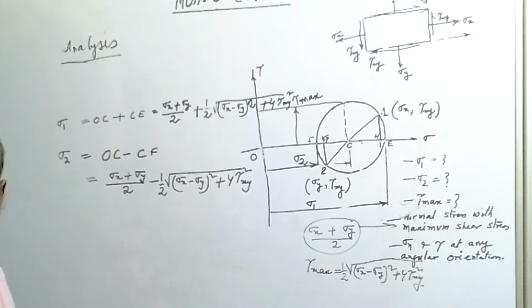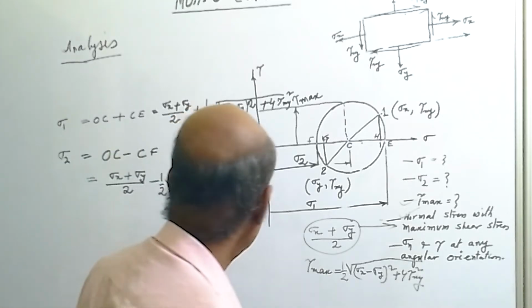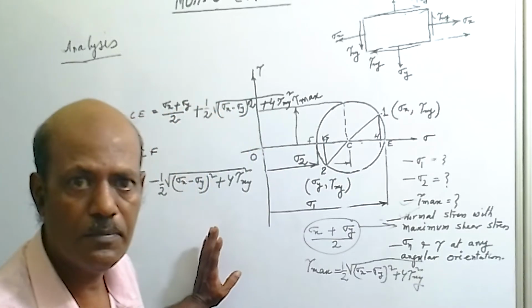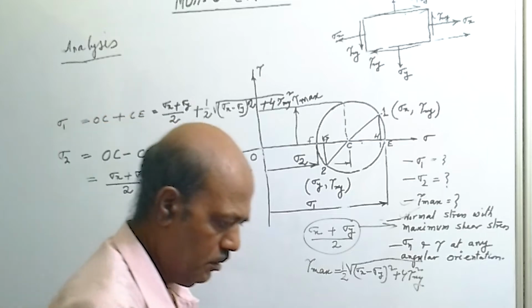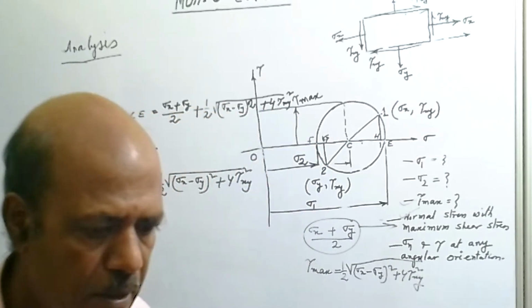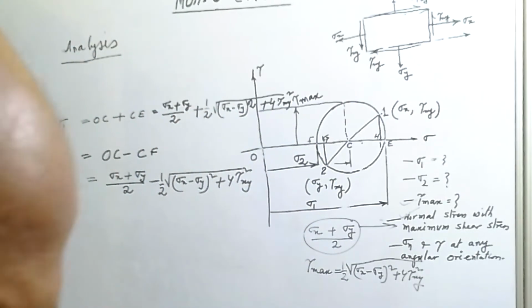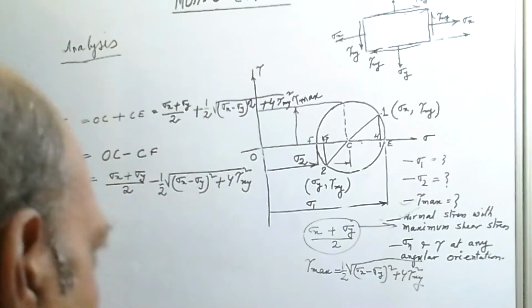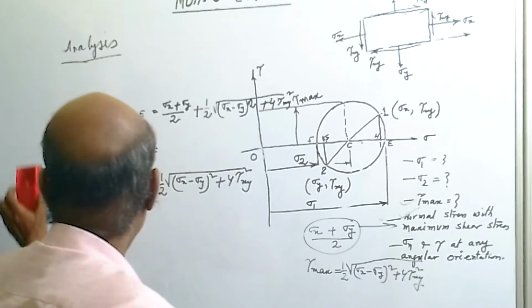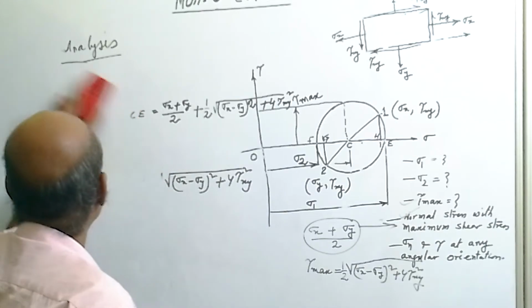So any Mohr circle, geometrically, you can analyze in this way. Now we will see some problems related to the Mohr circle, by varying how we can draw it.